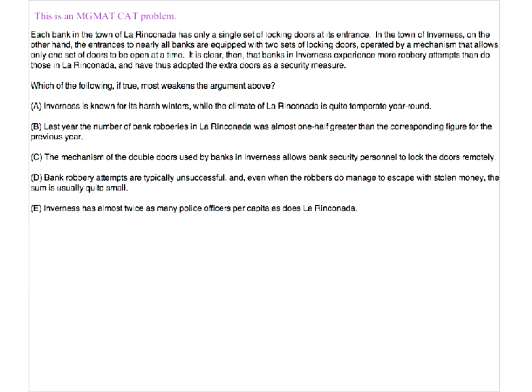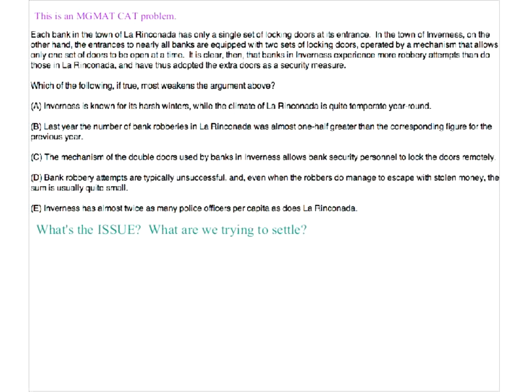What's the actual issue? Like, what are we trying to settle? Do more locks mean more robbery attempts? When you say maybe, it depends on what you mean when you say mean.